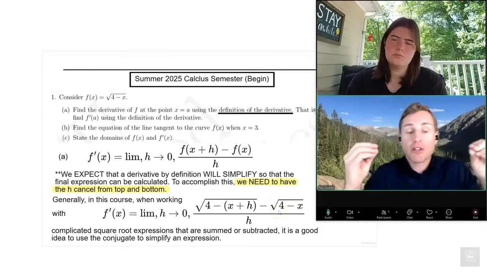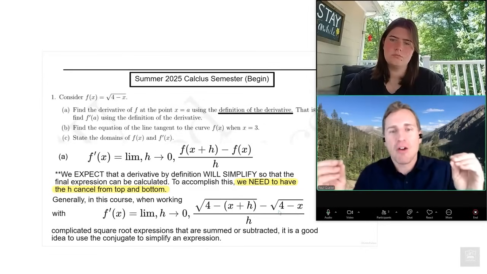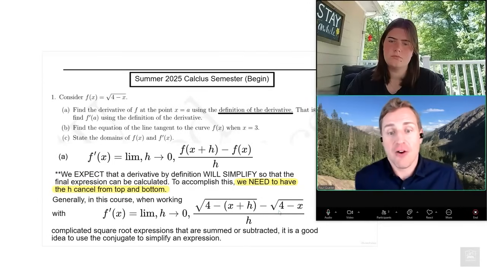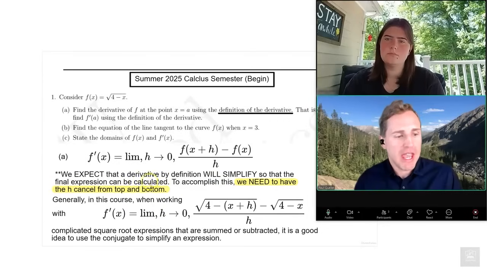Because once we use the conjugate, we're going to be extracting the h out of the numerator. And once we extract the h out of the numerator, will we be able to get a bunch of the terms that aren't involving h to cancel? Yes, we will. And then in the final analysis, will h cancel from top and bottom? Yes.